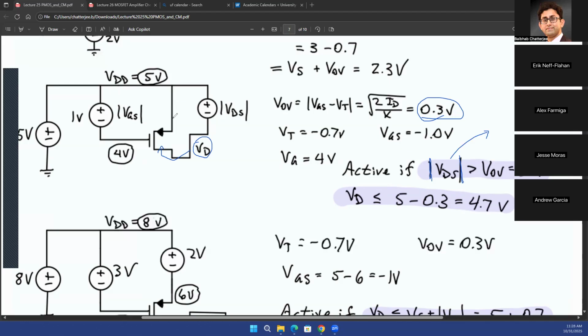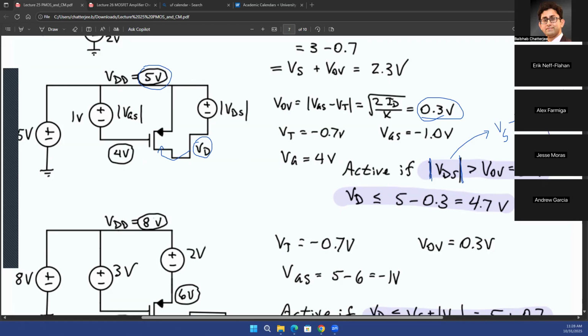Since your source potential is higher than the drain potential, the absolute value of VDS is VS minus VD. So VDS is negative, but VSD is positive. That means the absolute value of VDS is equal to VS minus VD, as VS is at a higher potential of 5 volts and VD is at a lower potential. So VS minus VD has to be greater than 0.3 volt.